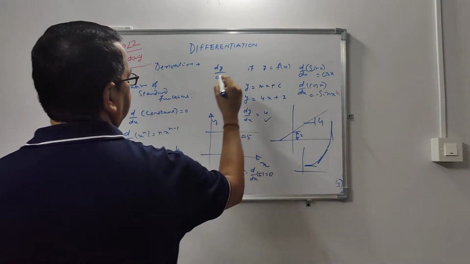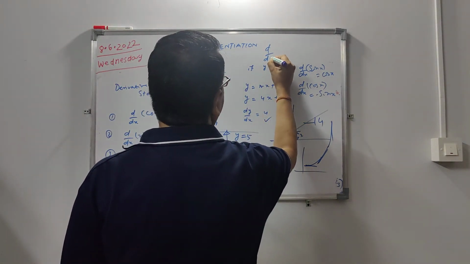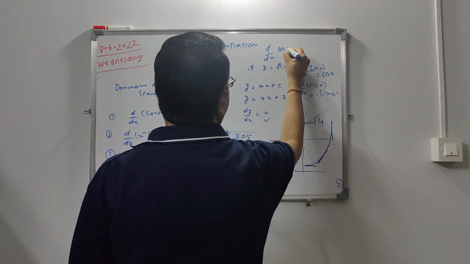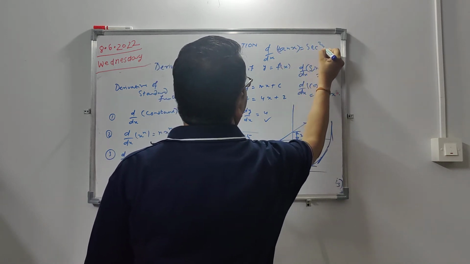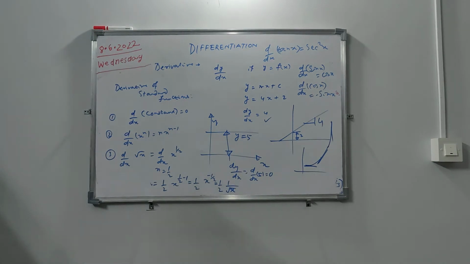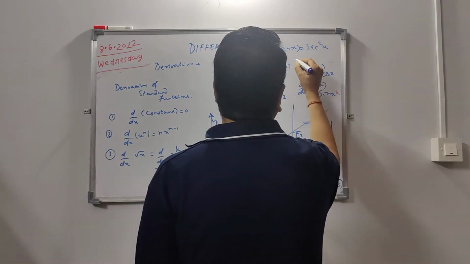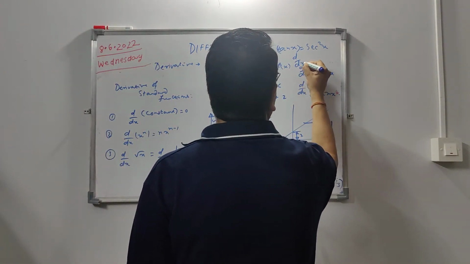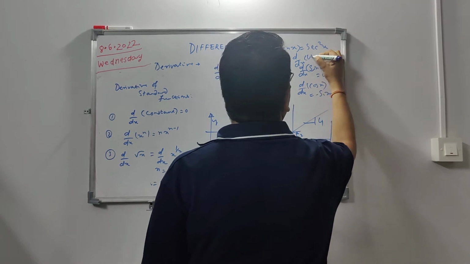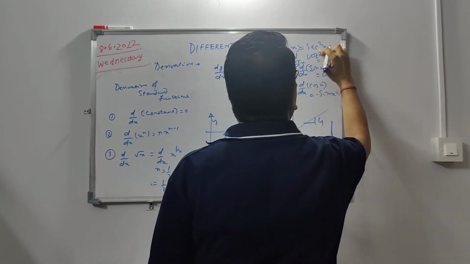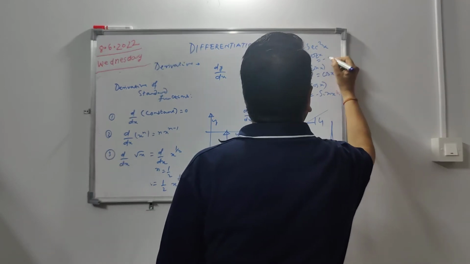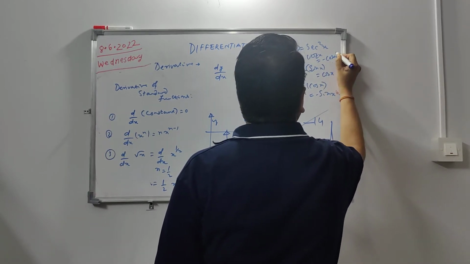Then d by dx of tan x is equal to sec square x. You remember, no? Yes. And d by dx of cot x is equal to minus cosec square x.